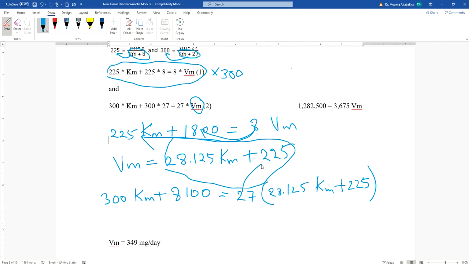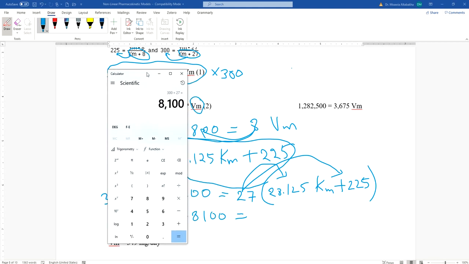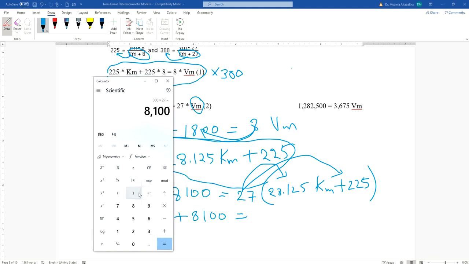Okay, now I will multiply these inside and find the answer. So 300 Km plus 8,100 will be equal to 27 multiply it.